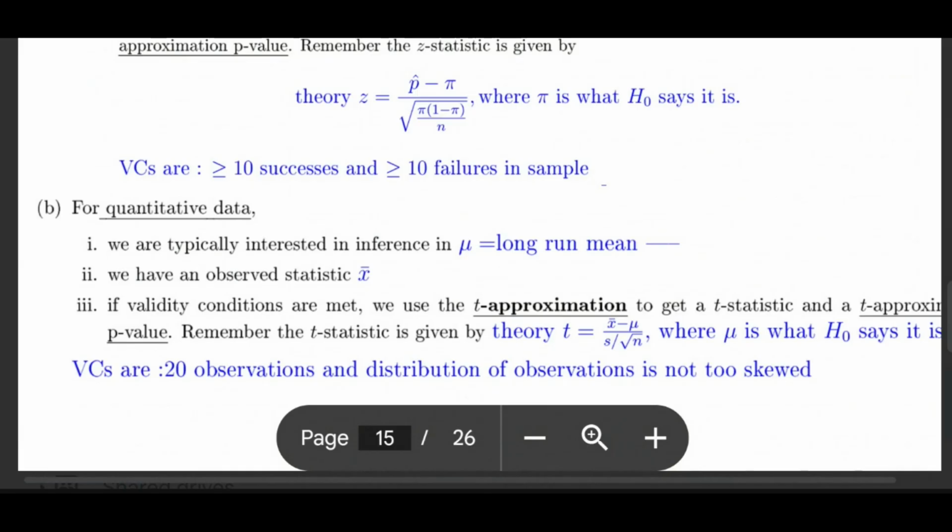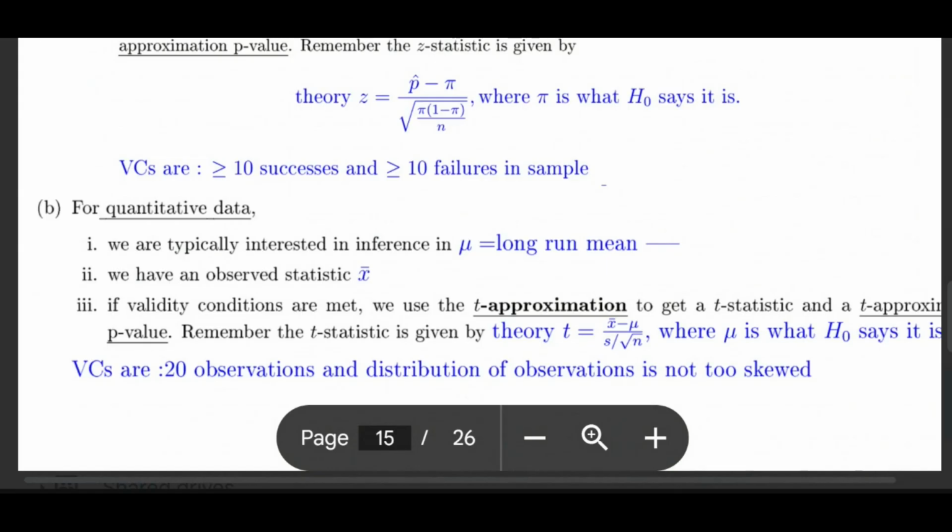Then, when you have quantitative data, can you calculate a sample mean, x bar? So we have reached a stage now where we have a multiplicity of symbols. It is very, very important that you keep them all straight. Here are your two observed statistics. This is an observed proportion, p hat, and this is an observed mean.